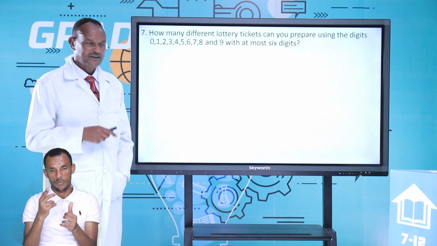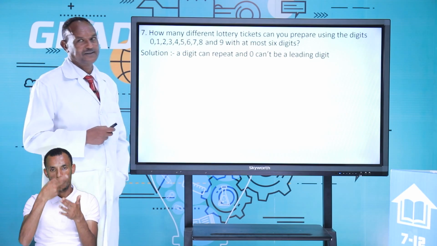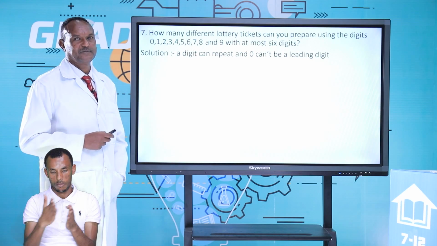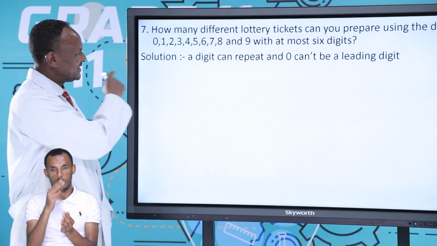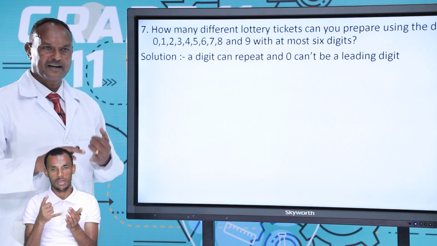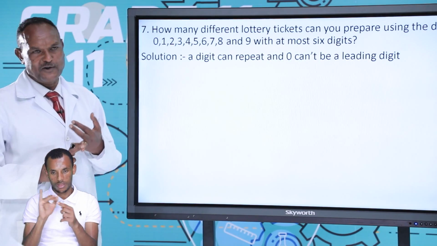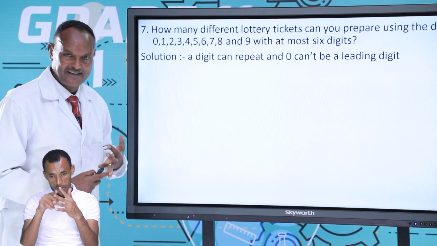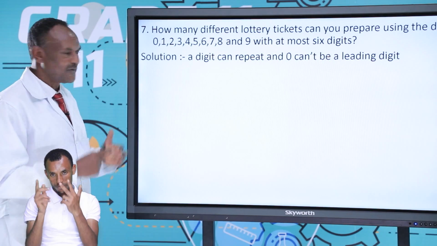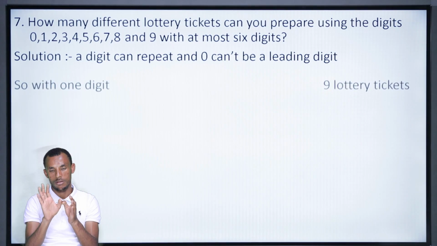So first, you have to distinguish what the question says. We are going to prepare a lottery ticket using these 10 digits. First, a digit can repeat. Second, 0 cannot be taken as a beginning digit. Third, we have to prepare the lottery tickets turn by turn.